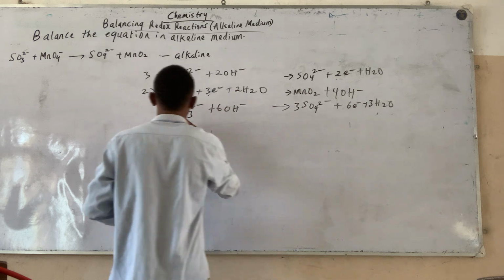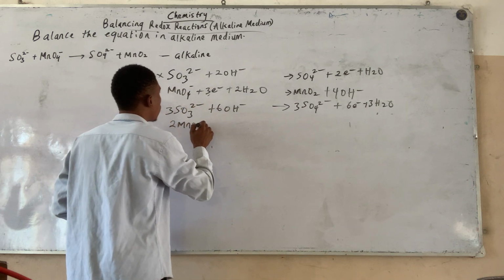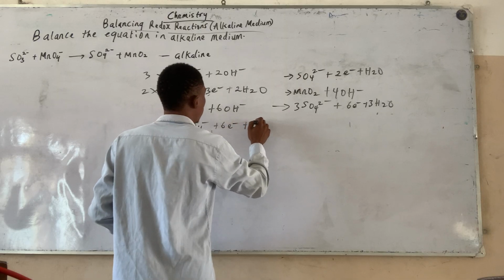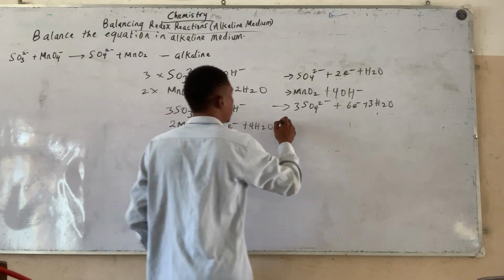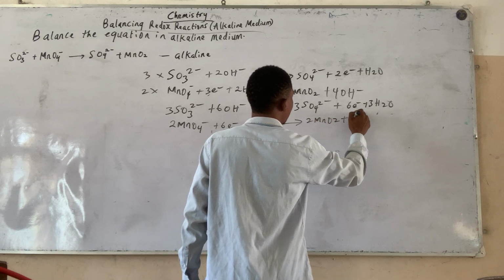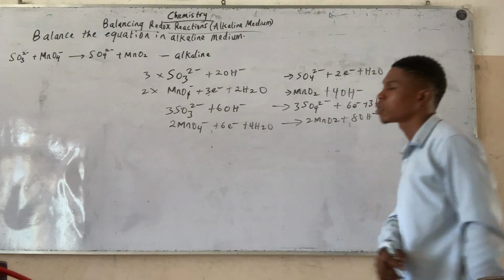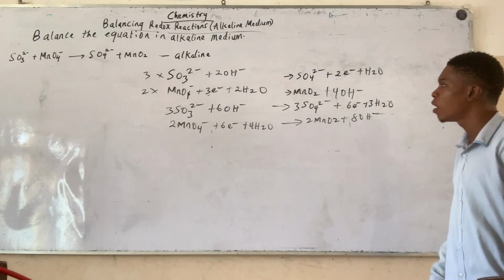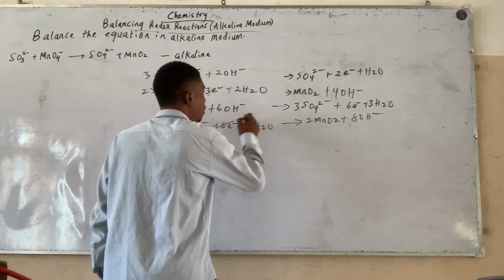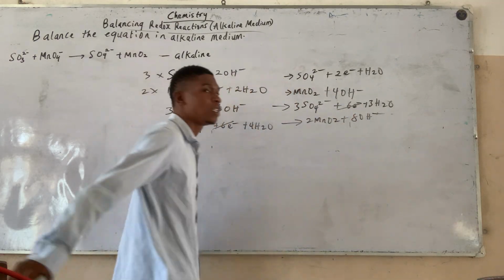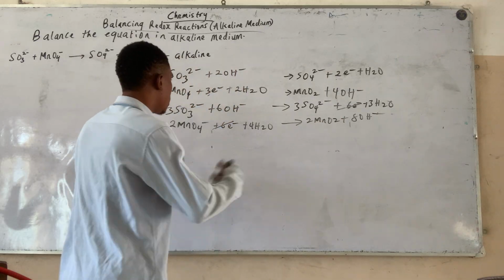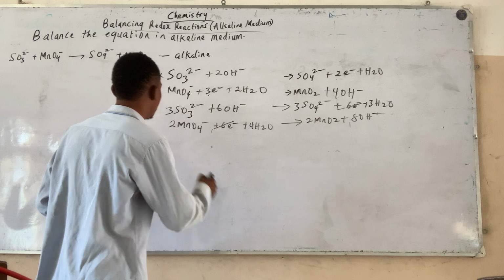And this will be what? 2MnO4 minus plus 6E minus plus 4H2O, then giving us 2MnO2 plus 8OH minus. As simple as this. Then you cancel out your 6E and 6E. You see, we are already having 6E and 6E. You cancel it out.